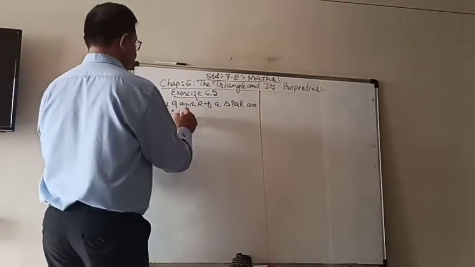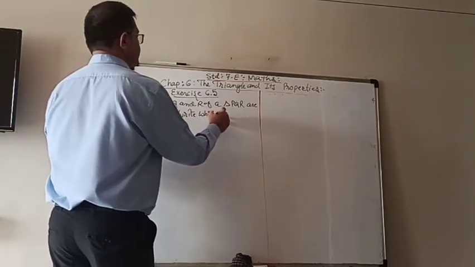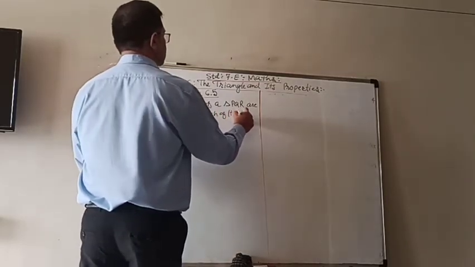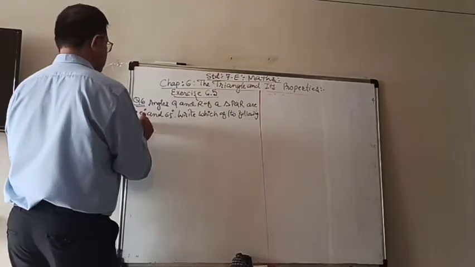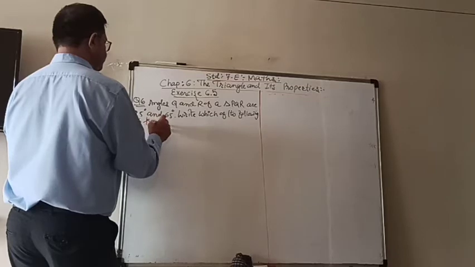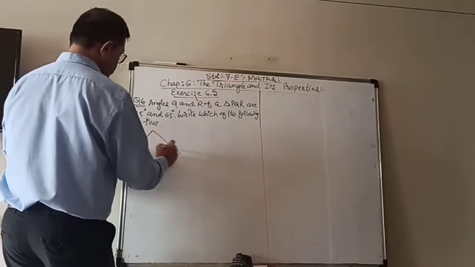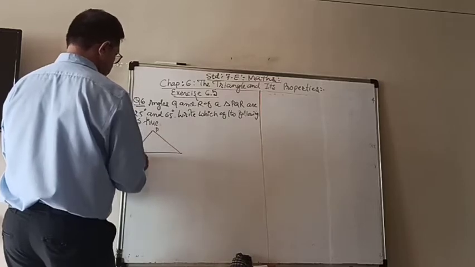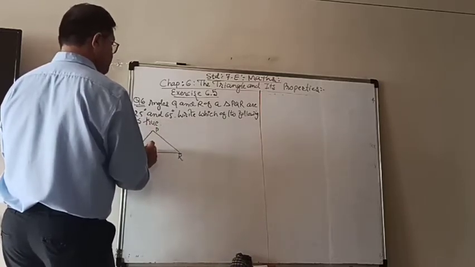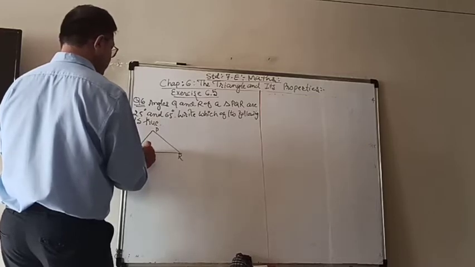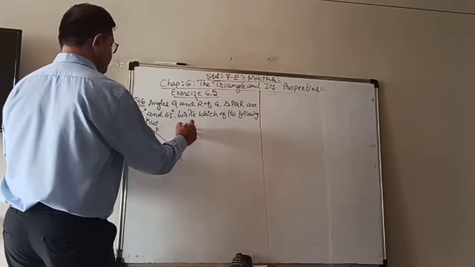Which of the following is true? So here you can see that in triangle PQR, angle Q is equal to 25 degree and angle R is 65 degree.